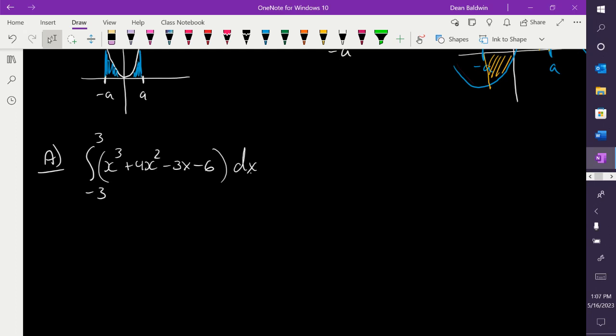Is that even or odd or what? I don't know. Who knows? You'd have to test it. It might be neither. So this is neither. So it's not even, it's not odd. It's just neither. No symmetry. Okay, so what do you do with this?